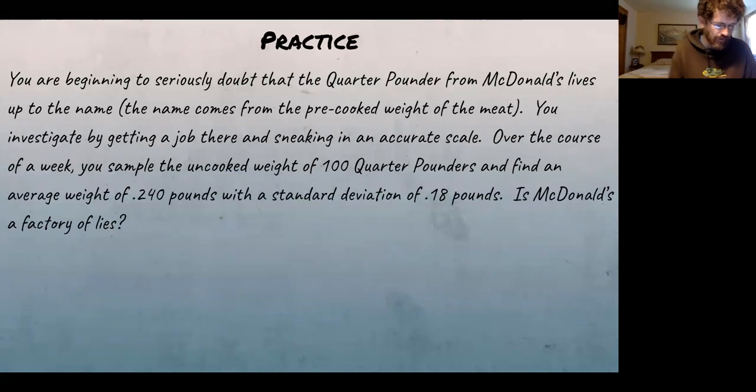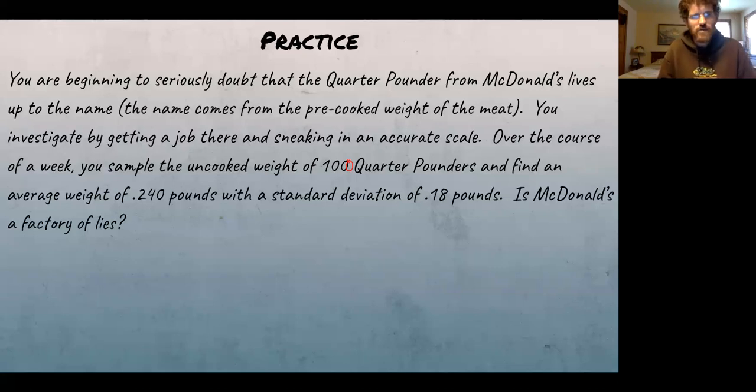Let's go with, I'm going to change that to 1,000 quarter pounders. So you, being the skeptical statistician that you are, seriously doubt that the quarter pounder from McDonald's lives up to the name, which refers to the pre-cooked weight of the meat. You investigate by getting a job there and sneaking in an accurate scale.